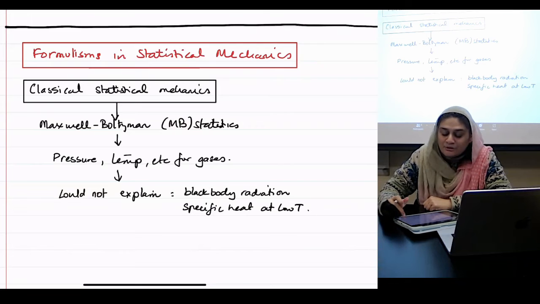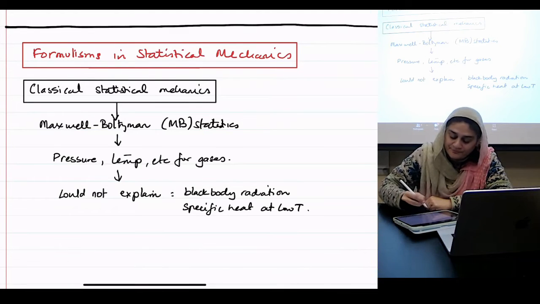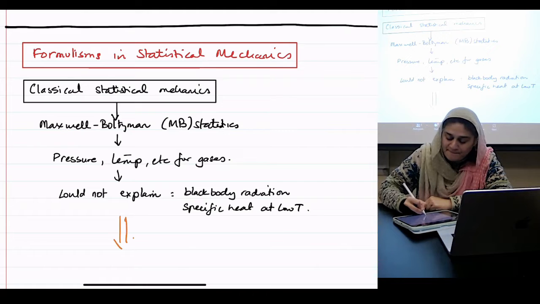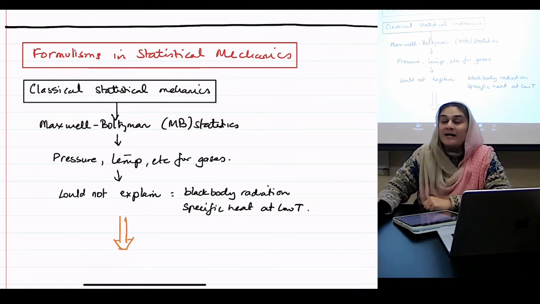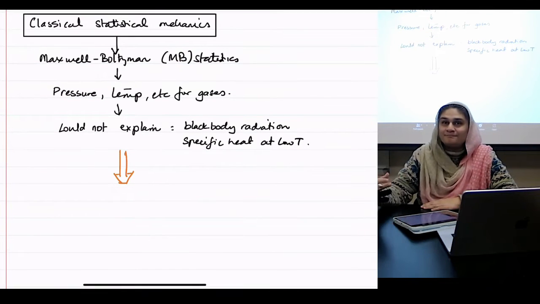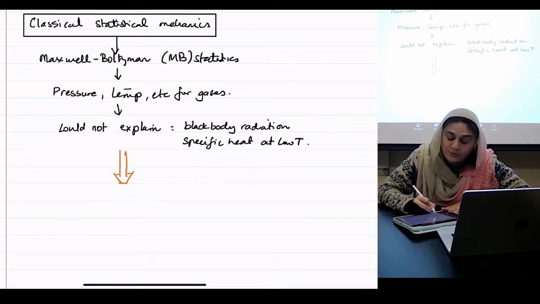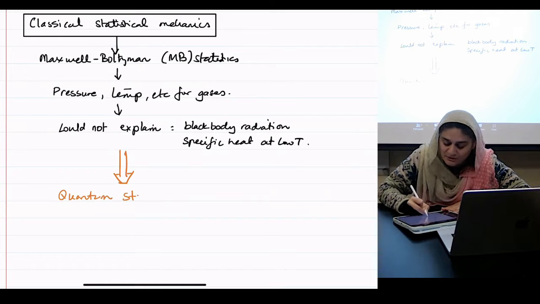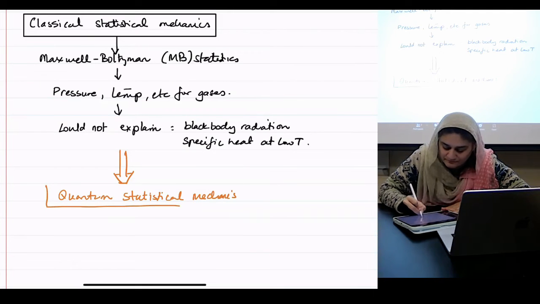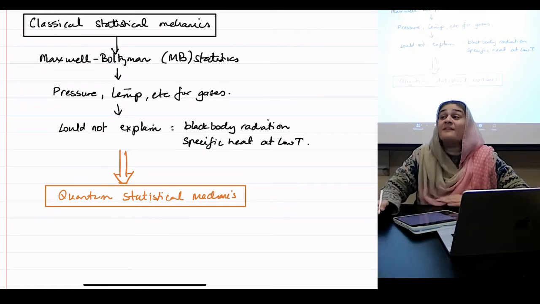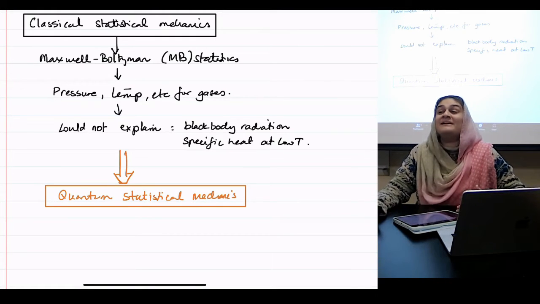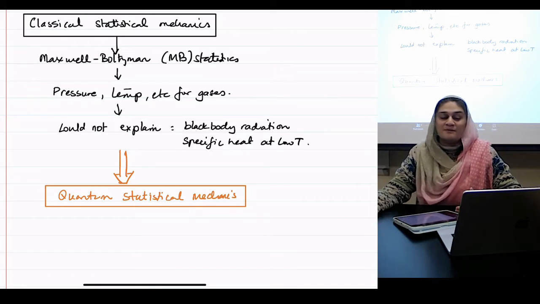This implies a new kind of statistical mechanics must be developed in order to explain those things. And that was called quantum statistical mechanics. And even that could not completely explain every new thing that we were finding.